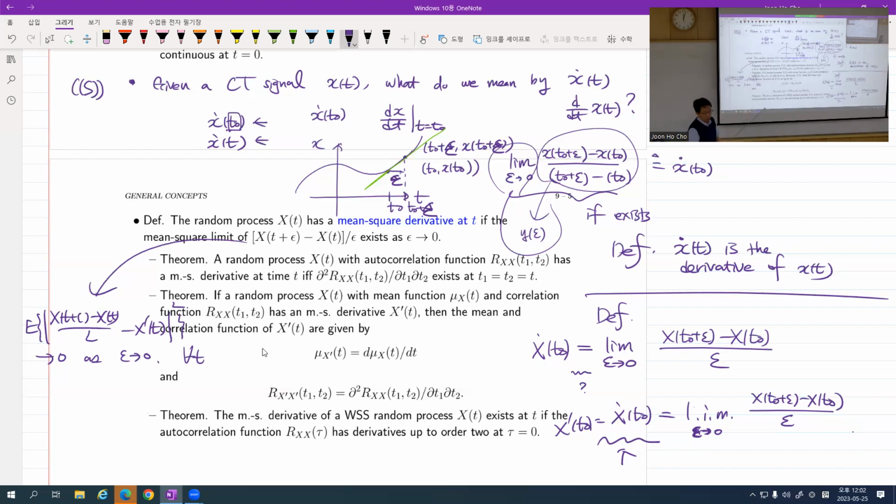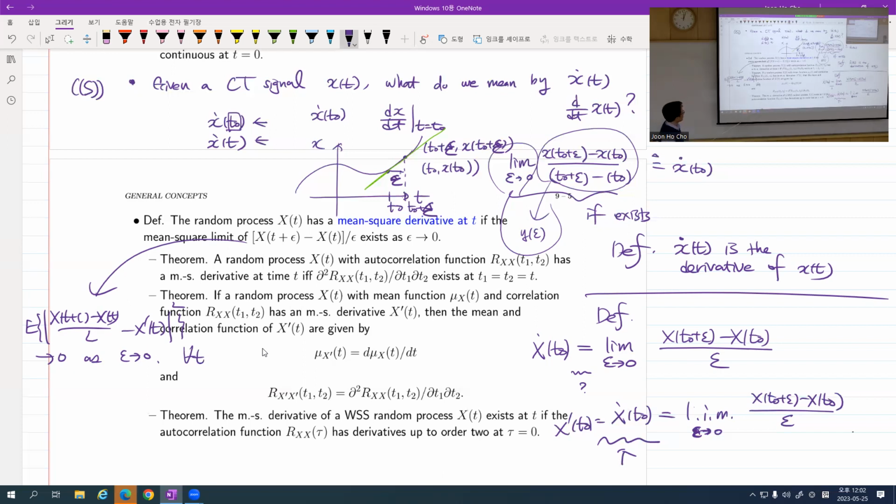So by using the stochastic calculus, you can somehow link two random processes, x of t and some other one. But that is now called the first derivative of the random process x in the mean square sense. Got it?